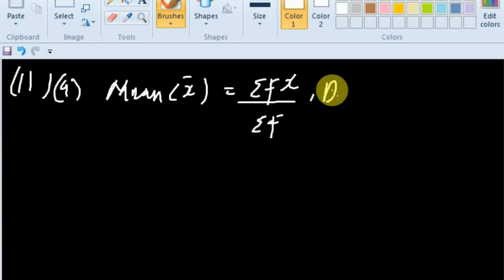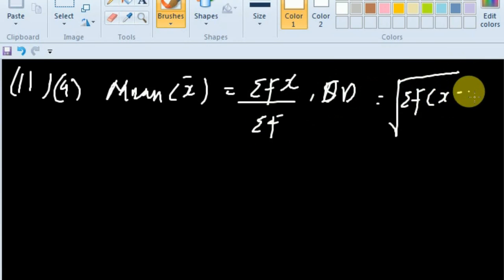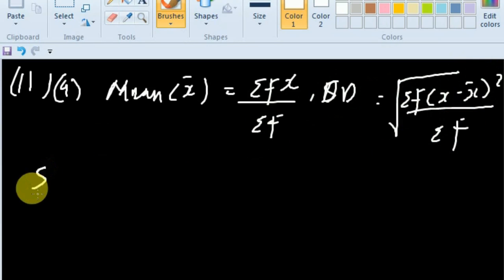Then if you look at the formulas in the question paper, we know that standard deviation for grouped data can be in this form. Then it can also be in this form.